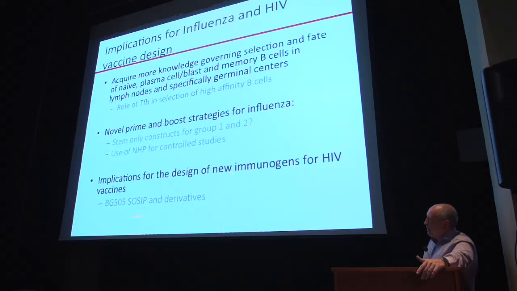So BG505 SOSIP, there's a lot of work going on with this BG505 as a potential immunogen for HIV because it binds all of the neutralizing antibodies. But there's no guarantee that we're going to obtain the neutralizing antibodies because we may just get B cell responses against the whole of the molecule and they don't go to being plasmablasts.